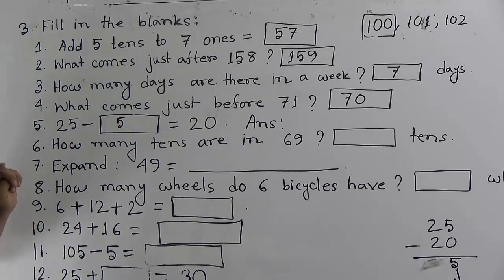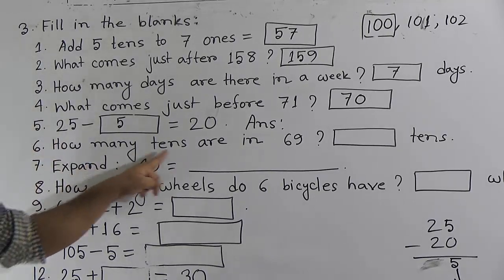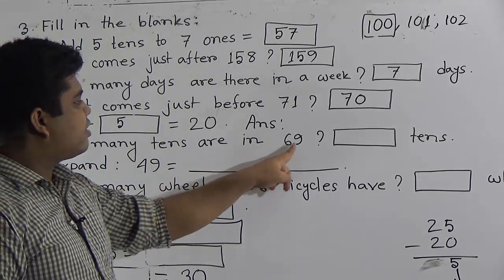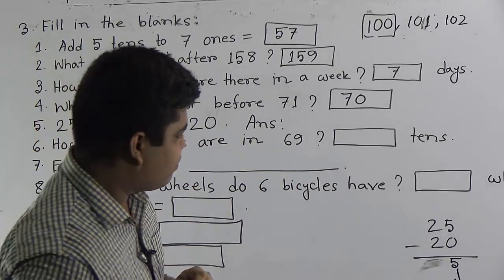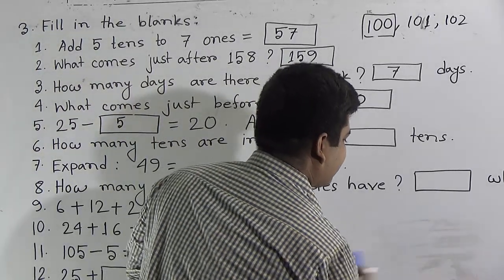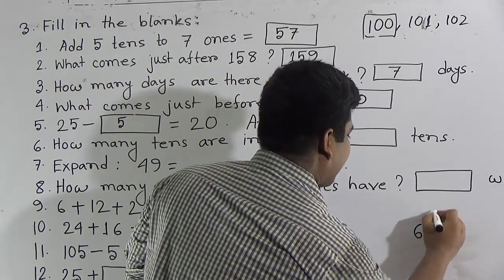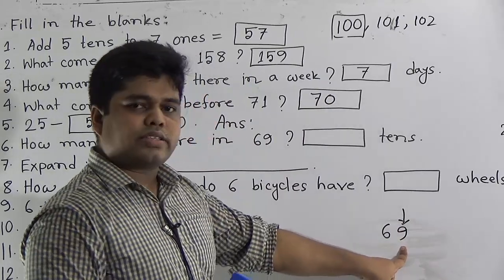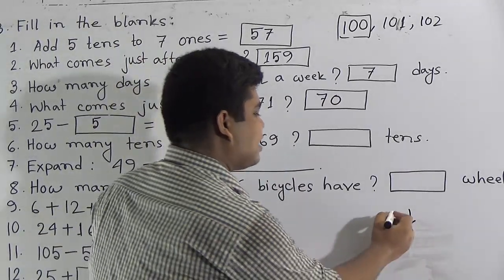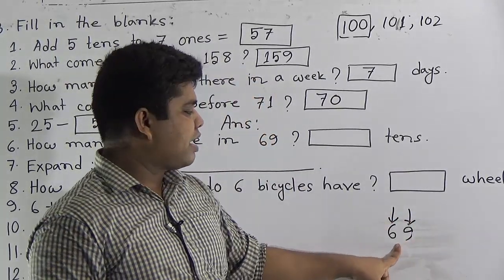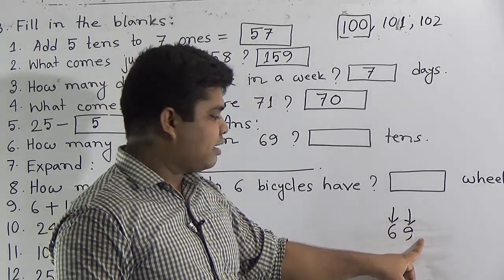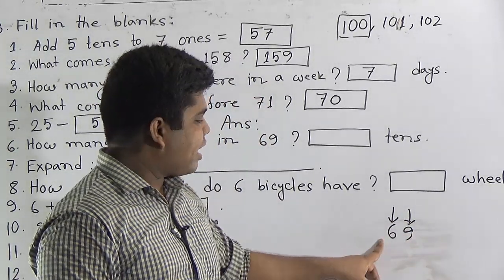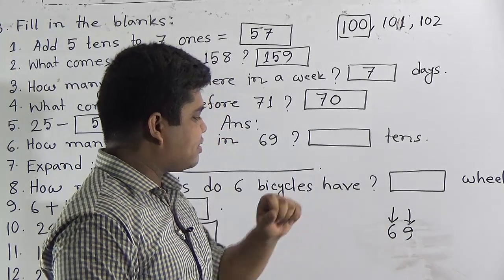Next we shall solve number 6. How many tens are there in 69? In 69, 9 is in the ones place and 6 is in the tens place. I repeat, 9 is in the ones place and 6 is in the tens place.